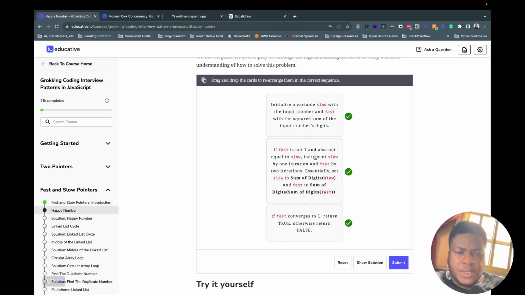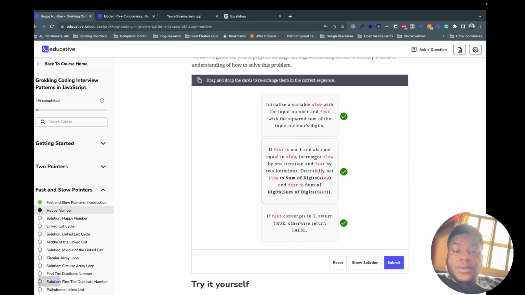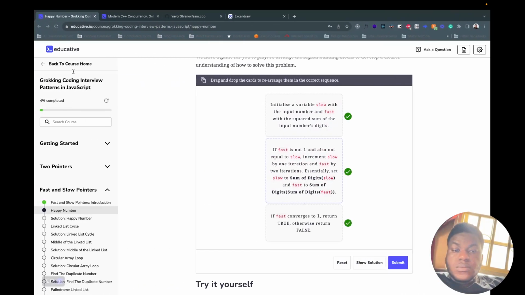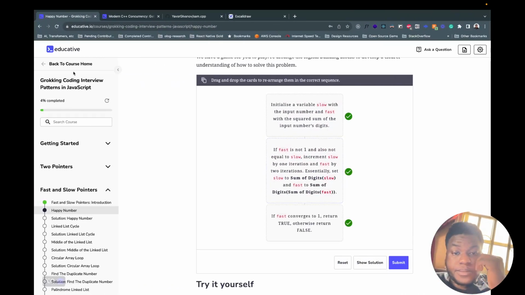If fast is not 1 and also not equal to slow, increment slow by 1 iteration, fast by 2 iterations. So if fast is not 1 and not equal to slow, if slow and fast... fast is not 1.